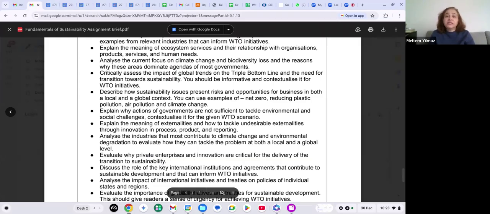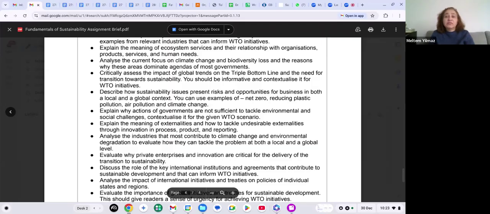Describe how sustainability issues present risks and opportunities for businesses in both a local and global context. You can use examples of net zero, reducing plastic pollution, air pollution, and climate change. Explain why the actions of governments are not sufficient to tackle environmental and social challenges.